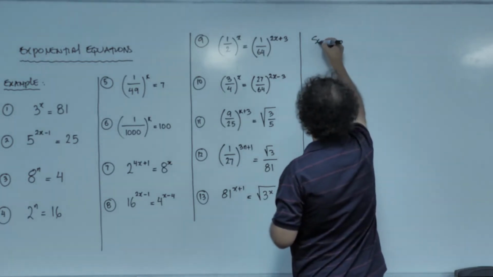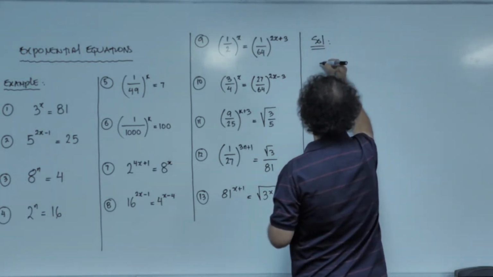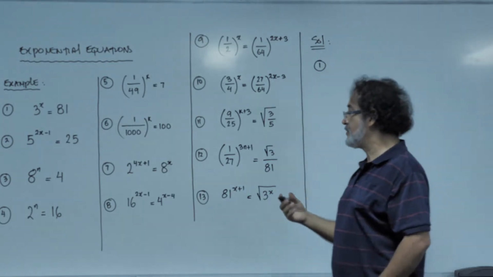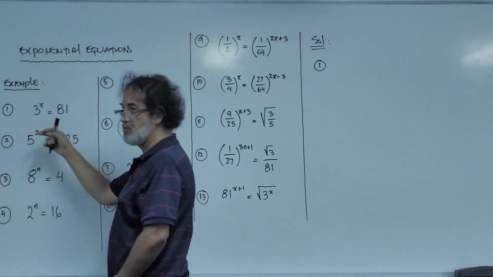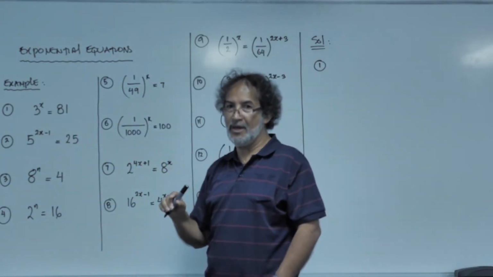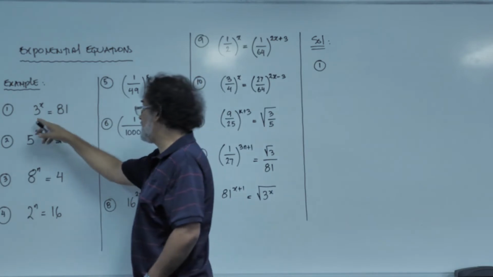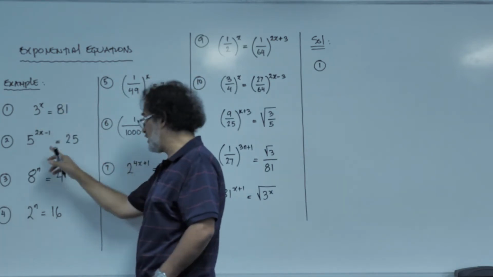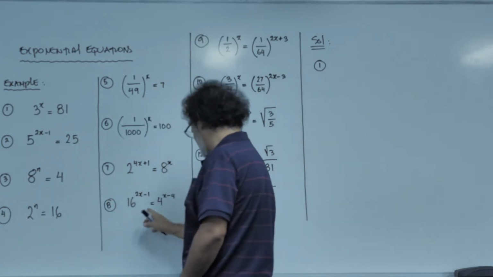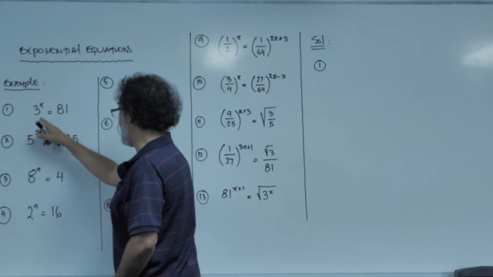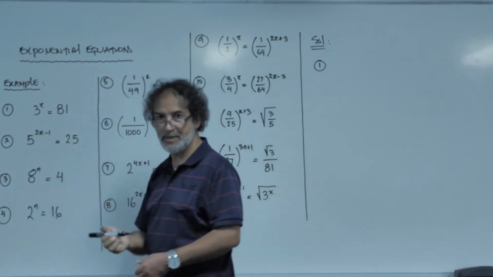The main thing when solving an exponential equation is that you really want to have the same base number on both sides. So you need to manipulate. Sometimes you're going to be manipulating only one number, sometimes you're going to have to manipulate both of them, but your aim is to have the same base on both sides.